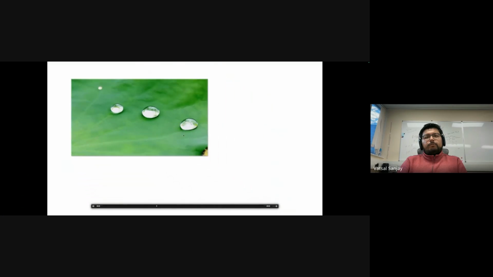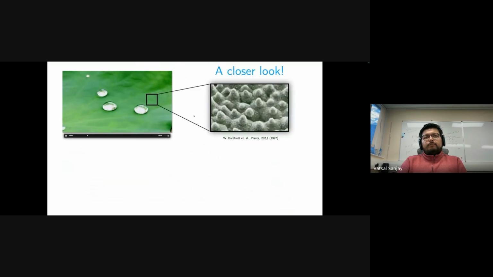In fact, if we look closely at these leaves, we would notice that they have these pillar type of structures which can entrap air bubbles between them that would then lead to such kind of behavior where the drop does not interact too much with the leaf surface.